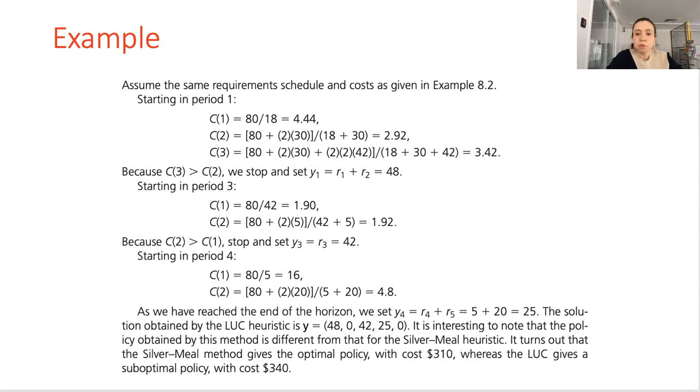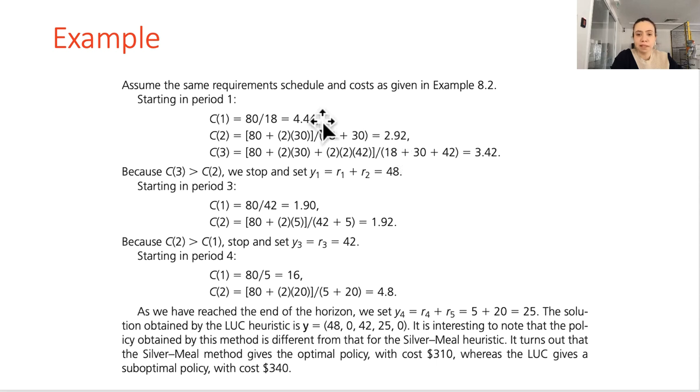Now let me show you an example. We have the same example that we used in the Silvermeal method. Here we calculate C1. We divide it with the number of units required for period 1 and obtain 4.44. For C2, we calculate the total cost, divide with the net requirement of period 1 and period 2 and obtain 2.92.